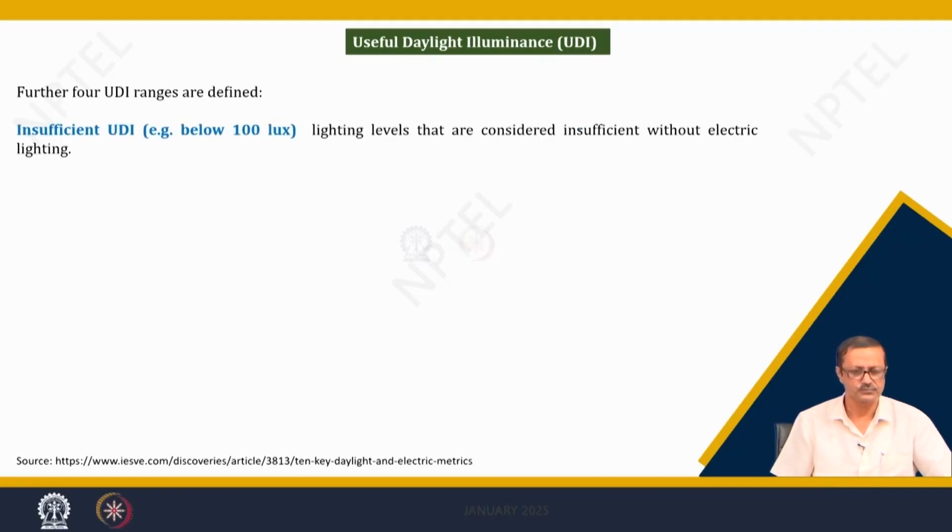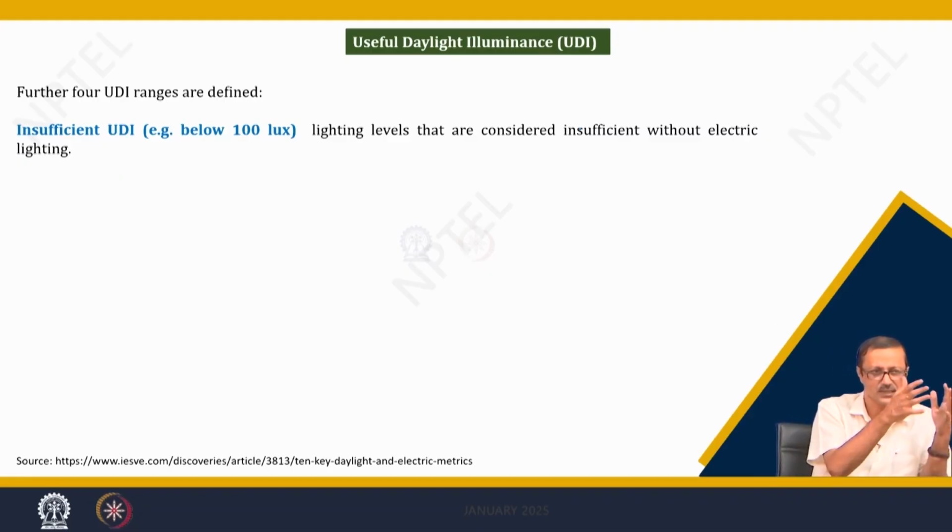So, here the further range of this UDI: some areas, some of your grids, are showing that more than 50% or more than 70% of the time, whichever we decide in my ECBC, is it 50% time or 75% time, whatever, that we will decide, a certain maximum amount of time is less than 100 lux.